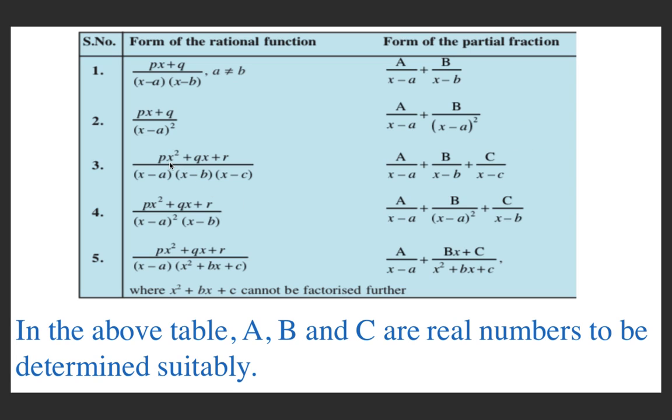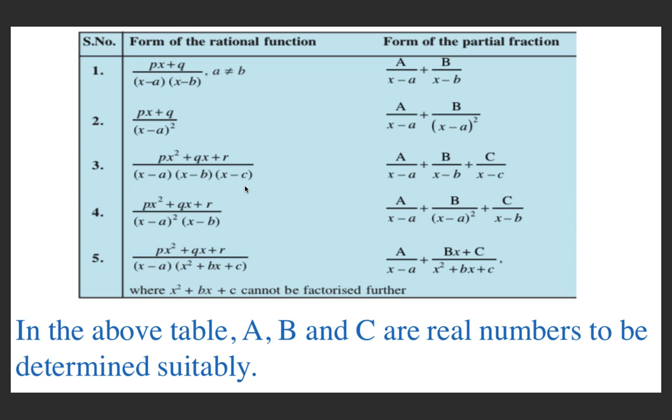Suppose we are given a function of the form (px² + qx + r) upon (x - a)(x - b)(x - c). Here in the rational function we have three factors in the denominator. One factor is x - a, another is x - b, third one is x - c, and all these are linear. The previous was a case for two linear factors.